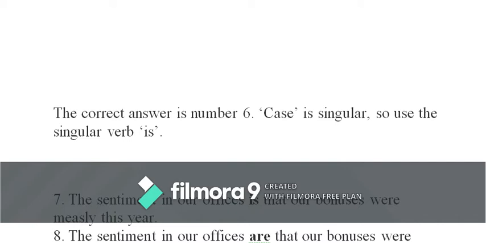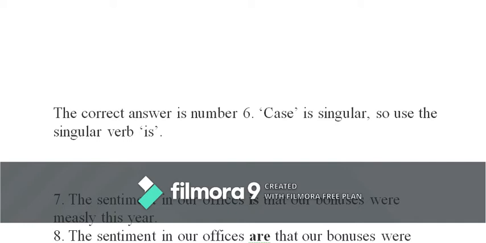According to me, sentence number 8 seems incorrect because the sentiment is the subject and there is no S in sentiment, so are is incorrect. So I will go with sentence number 7. The sentiment is, and in our offices is a prepositional phrase, an extra piece of information given for the subject.